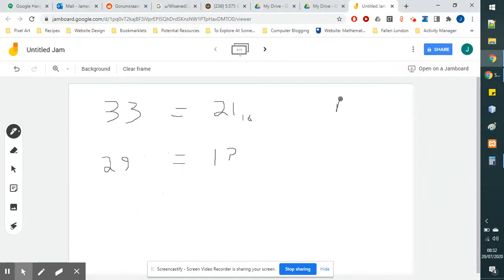Now, as we know, A is 10, B is 11, C is 12, D is 13. So what that means is 29 is 1D in base 16.